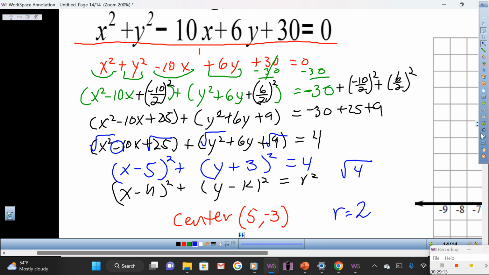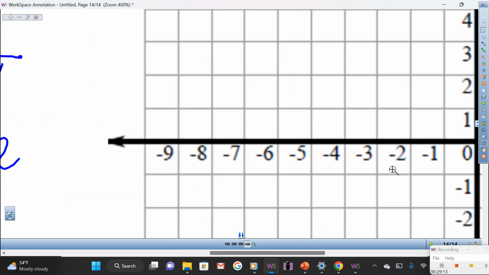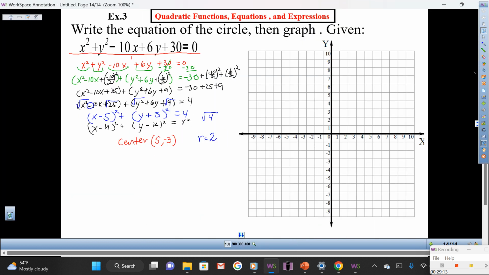All right, let me zoom out. So, to graph this, we start with the center. What's our center? 5, negative 3. There it is. And now we just need points that make the circle. According to the definition, what did we say? That the points need to be what? What's the key word?